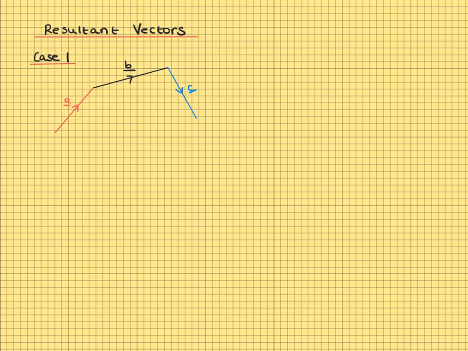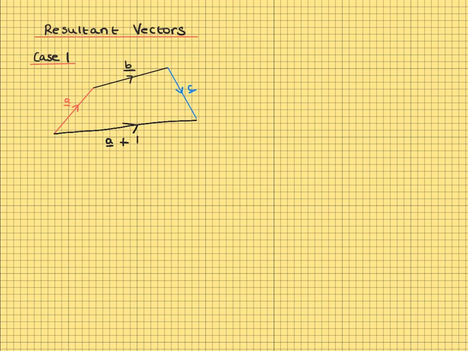Now, if I now draw in a vector that connects the start of vector A with the end of vector C, like that, and please do bear in mind that's meant to be a straight line, then what we have is the resultant of the three vectors A, B, and C. It is the vector sum.